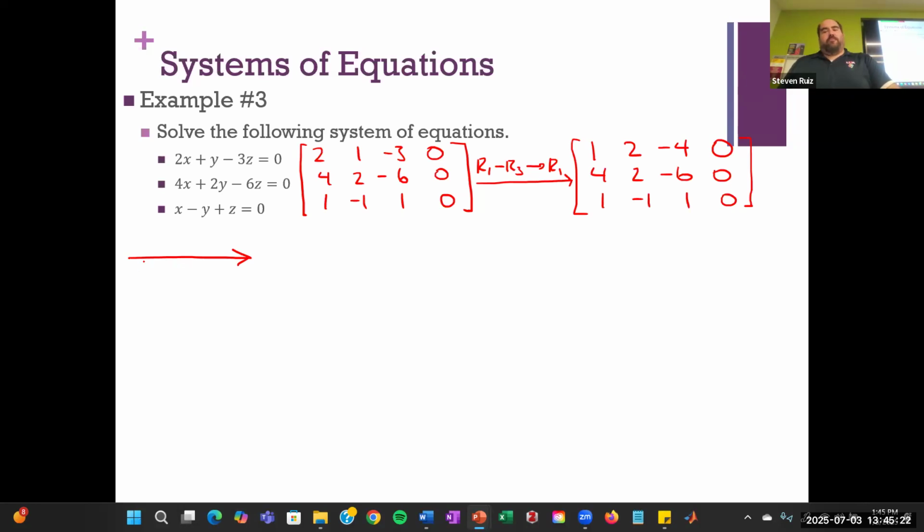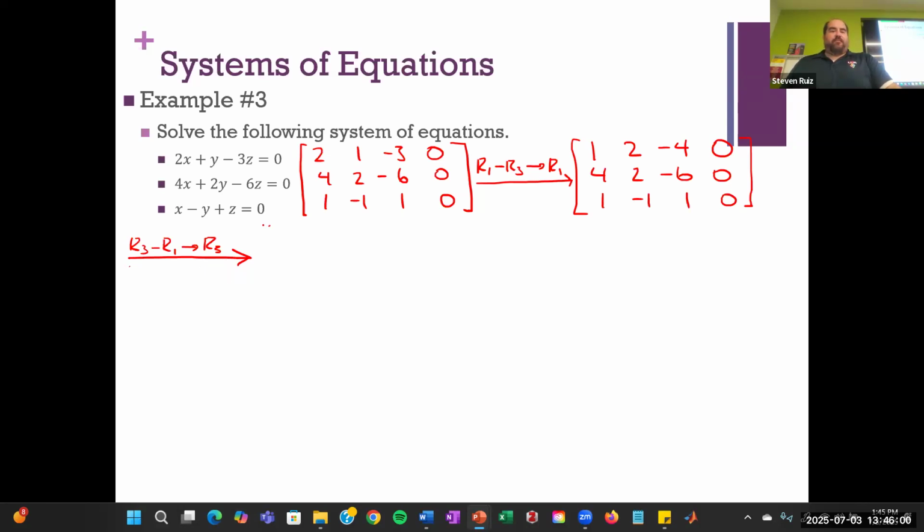Go ahead. Okay. Let's handle row 2 at the same time. What should I put back in row 2? For row 3, oh, sure.